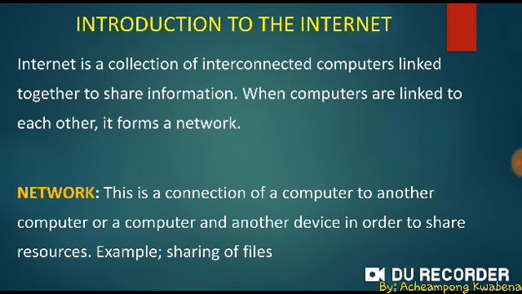The internet was first introduced by the US military to help them share information. So here it involves the connection of a computer to another computer to share information. When we have computers around the world connecting to each other to share information, it is referred to as the internet.